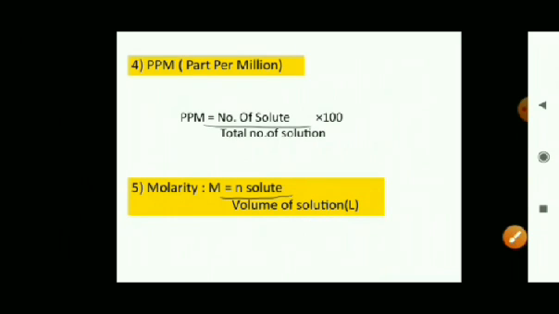Next term is parts per million. Here you can see what we have already learned in the first lecture, that is part per million is ppm, right? When a solute is present in these quantities, it is convenient to express concentration in parts per million, that is ppm, isn't it?